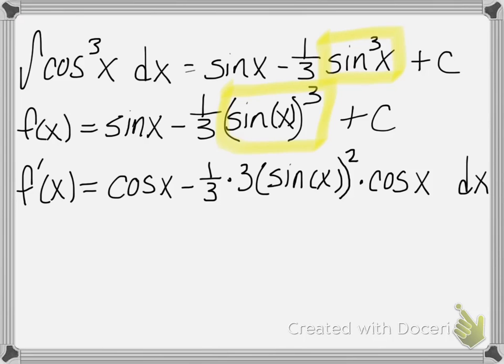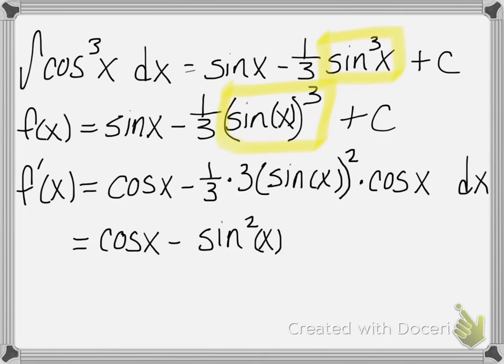Alright, so now we clean that up a little bit. We're going to have cosine x minus 3/3, which is just going to give us 1, so we're going to have sine squared x.